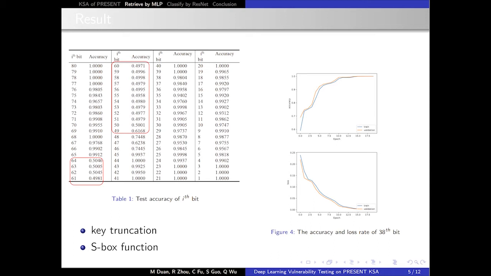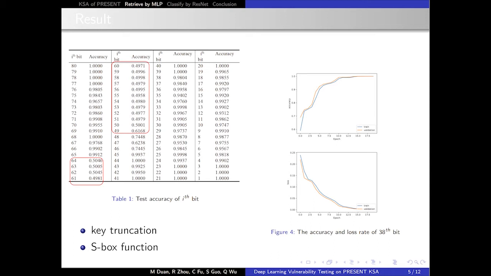We can see that from the 49th to the 64th bit, the accuracy is around 0.5. That means this MLP failed to learn the feature or failed to predict these bit positions. Only the 49th bit has a little higher accuracy, above 0.6.